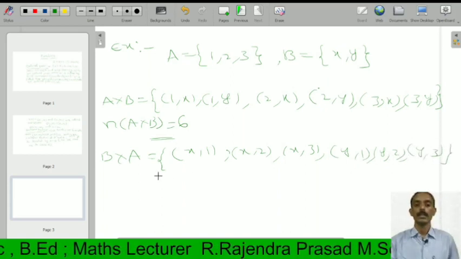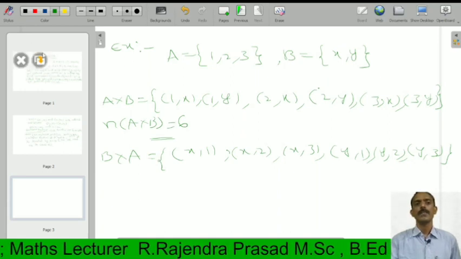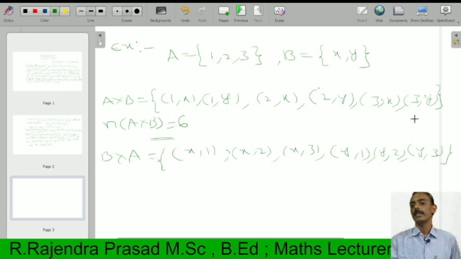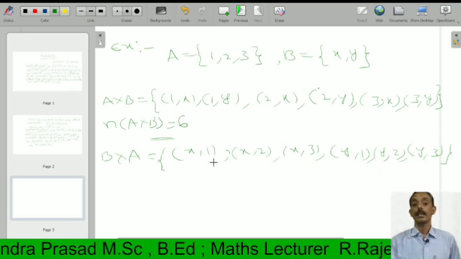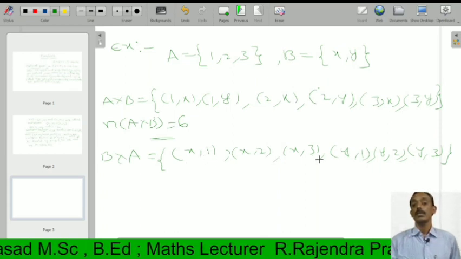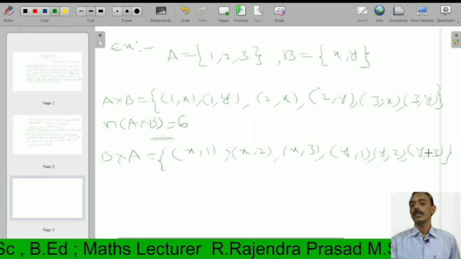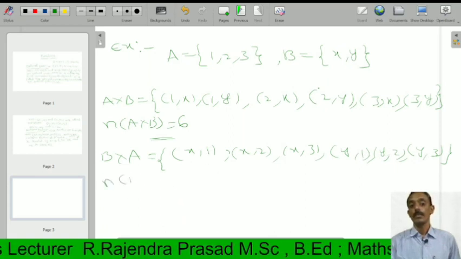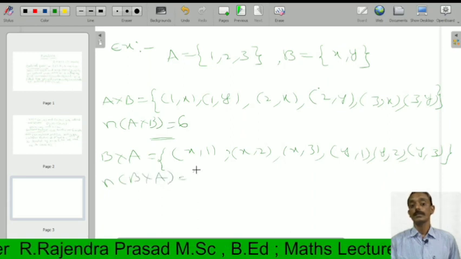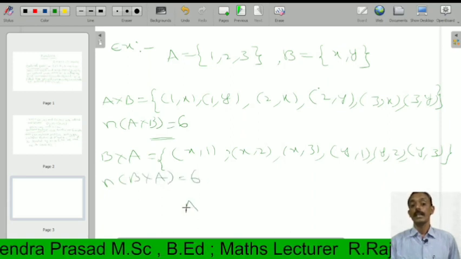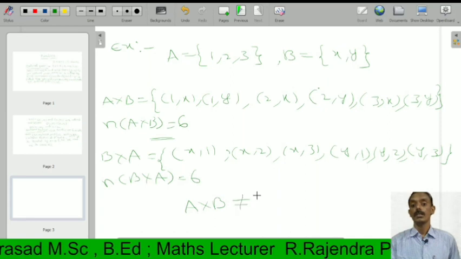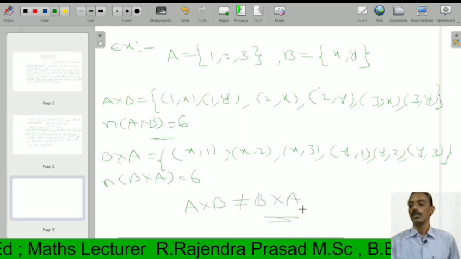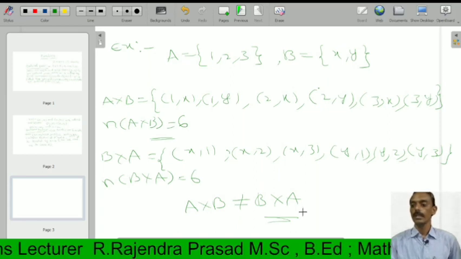This is B cross A. Here A cross B is (1, x), (1, y), (2, x), (2, y), (3, x), (3, y). Therefore, the number of elements in A cross B and B cross A is 6. But A cross B is not equal to B cross A.